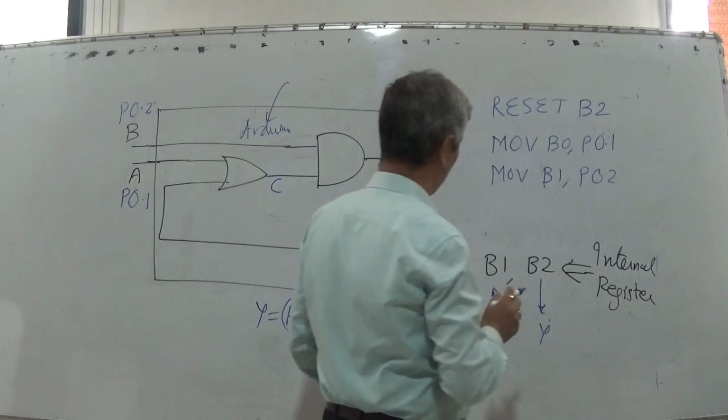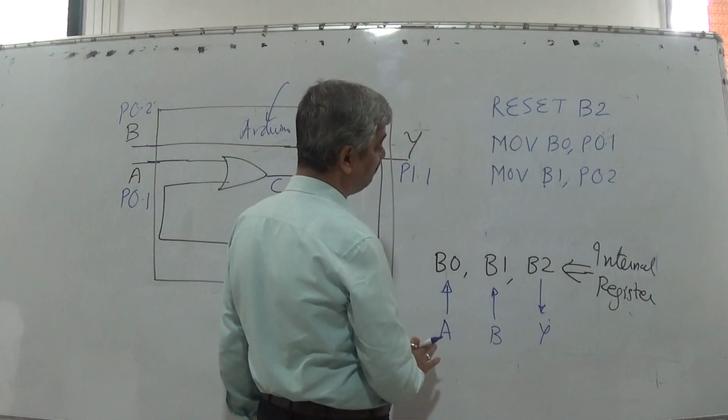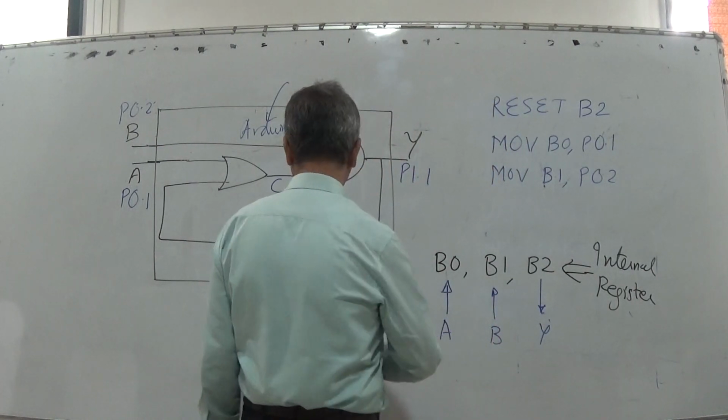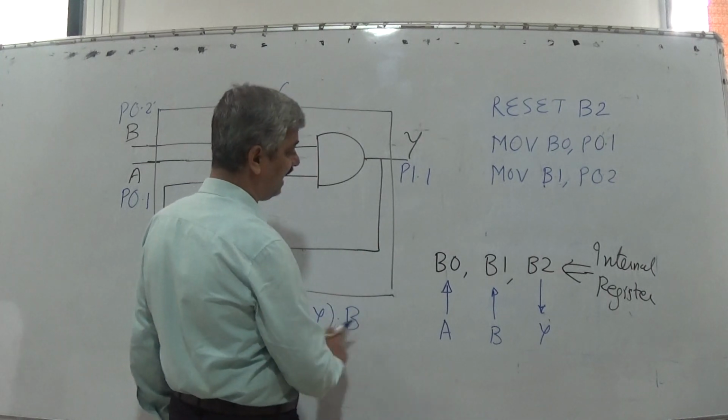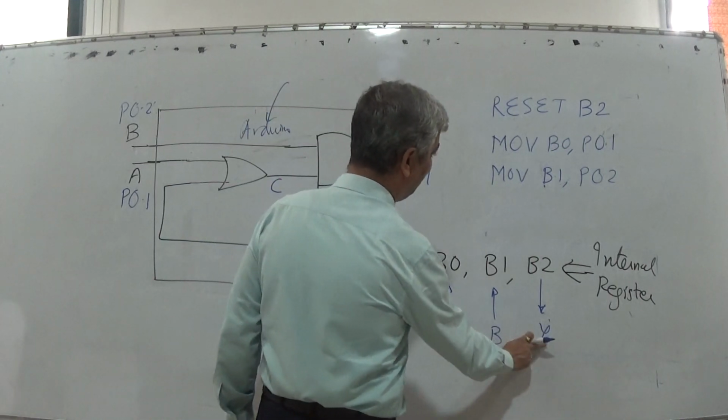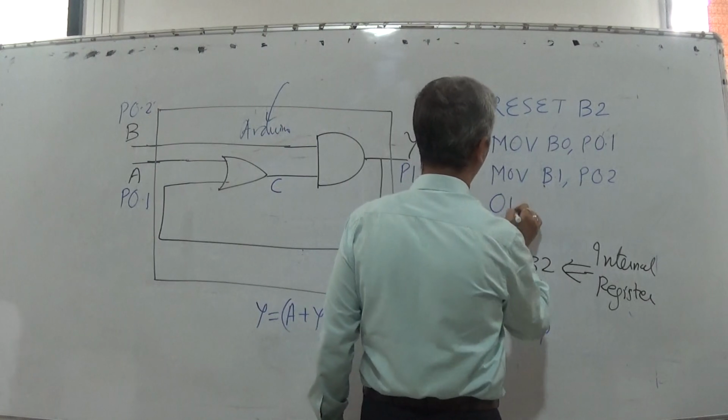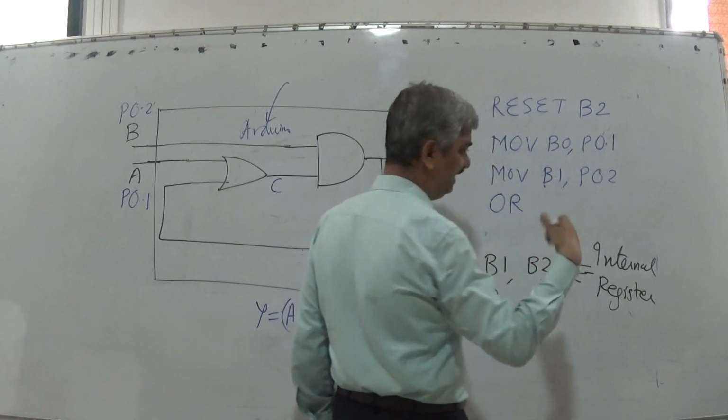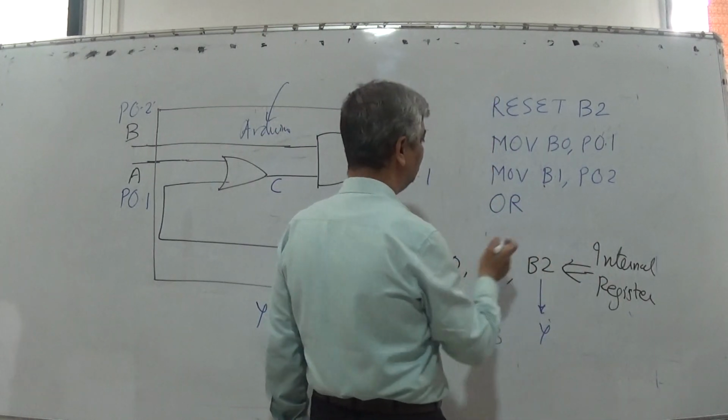Now I have to perform some OR operation. What OR operation? A or Y. What is A? A is B0. What is Y? B2. Then OR. For the OR operation, there are various ways it can be done.